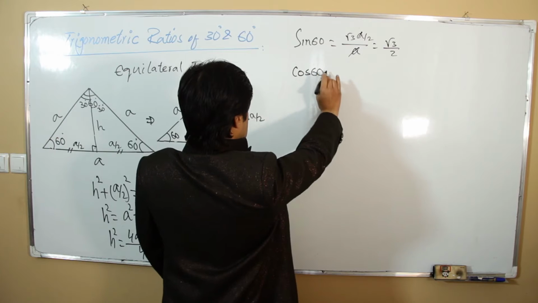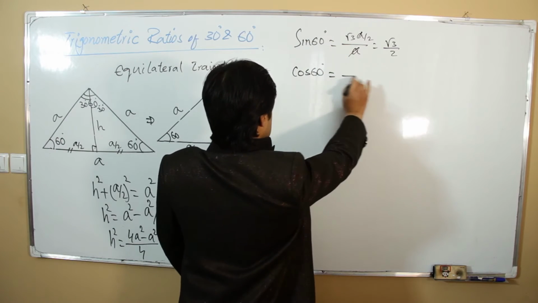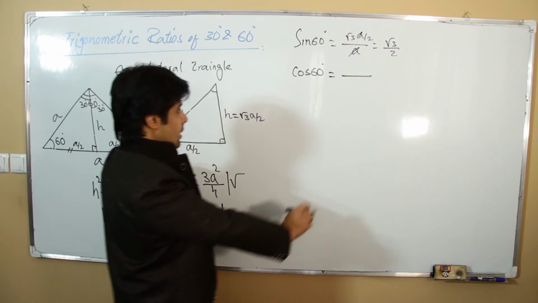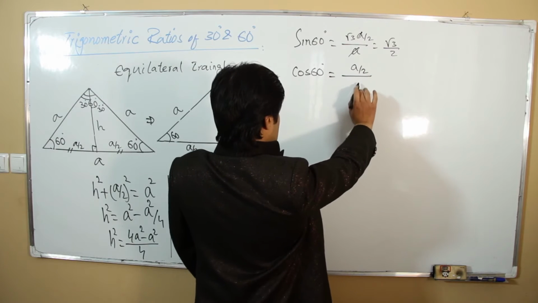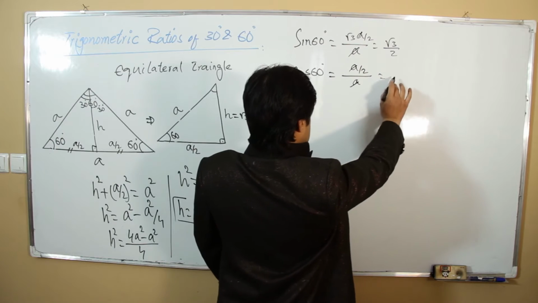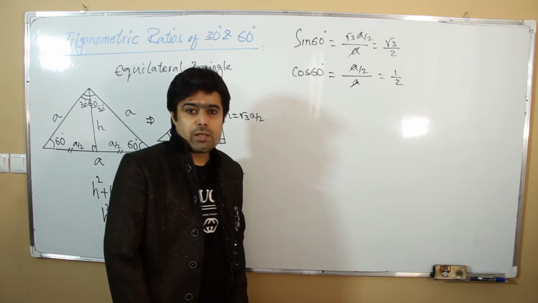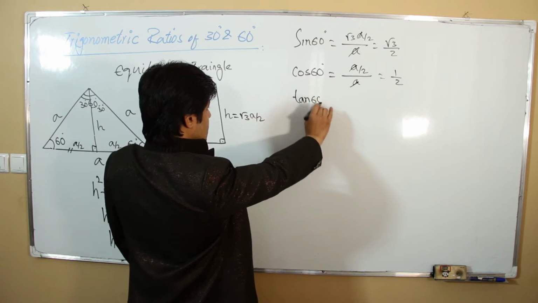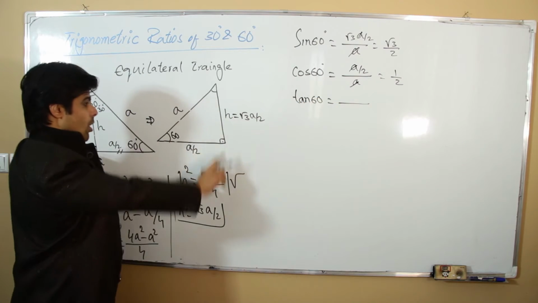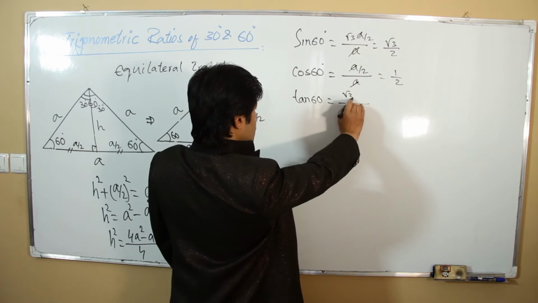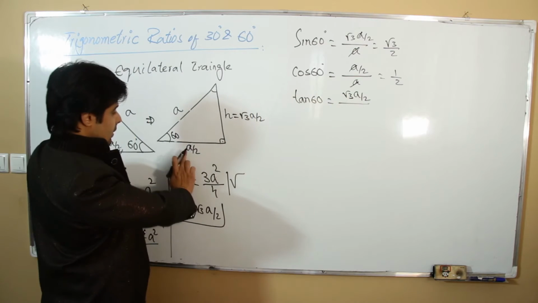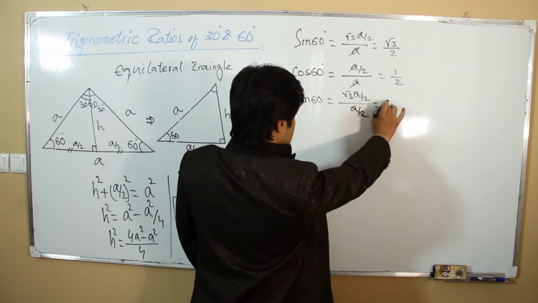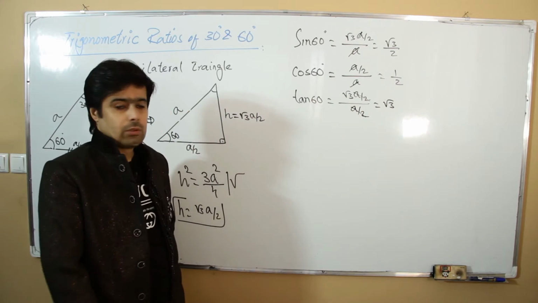Cosine 60: adjacent divided by hypotenuse. What's your adjacent? A divided by 2. What's your hypotenuse? A. This one is cancelled, so the remaining is 1 divided by 2. And tangent of 60: opposite, which is root 3a divided by 2, divided by adjacent a divided by 2. This is cancelled, we will have root 3.